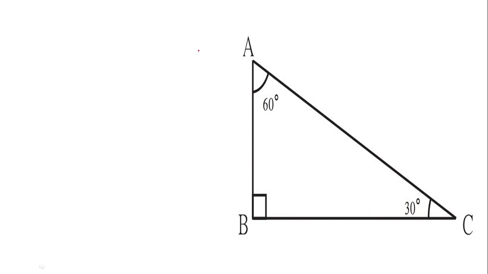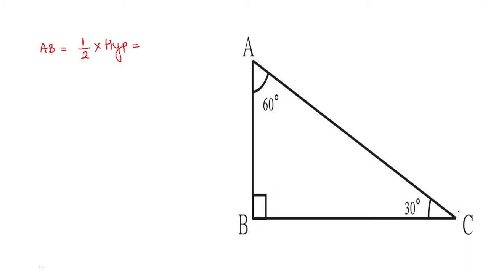Now here we have a triangle. Its angle B is 90 degrees, C is 30 degrees, and A is 60 degrees. Now what did we learn in the 30, 60, 90 degree property? That the side which is opposite to 30 degrees, who is opposite to 30 degrees? The side opposite to 30 degrees is AB. So this AB is going to be half of the hypotenuse. Now children, who is the hypotenuse? The hypotenuse is the side which is opposite to 90 degrees.